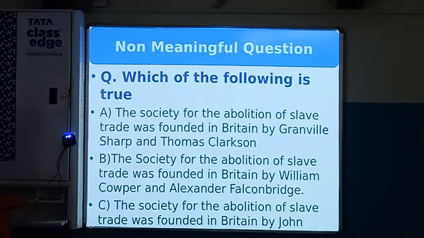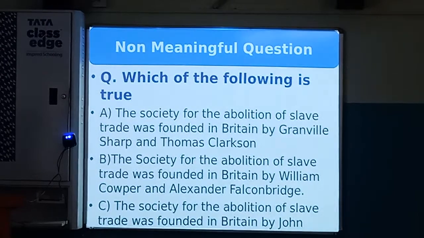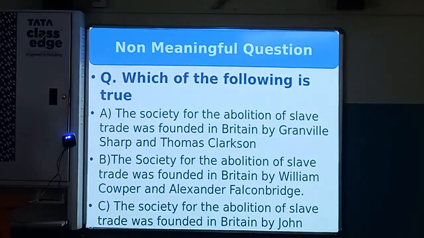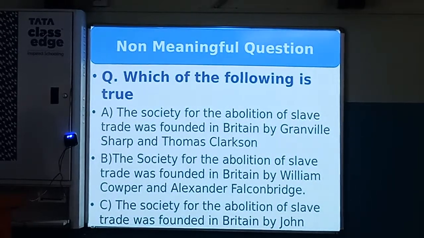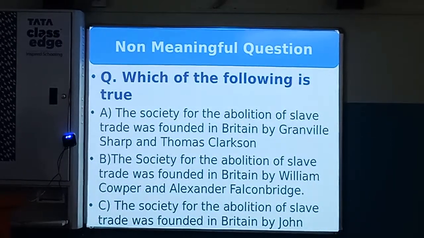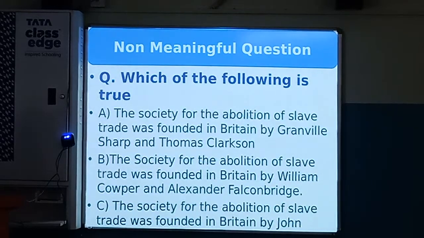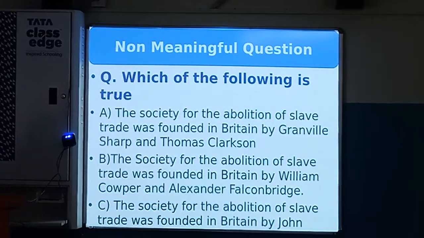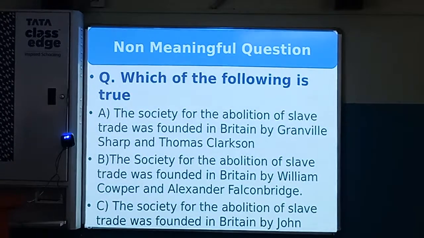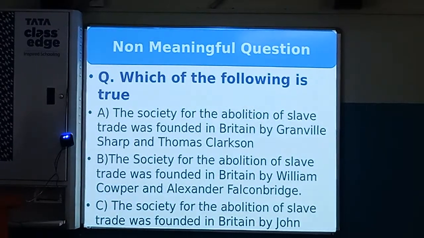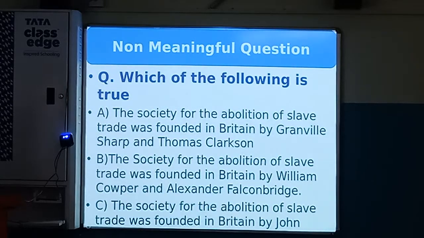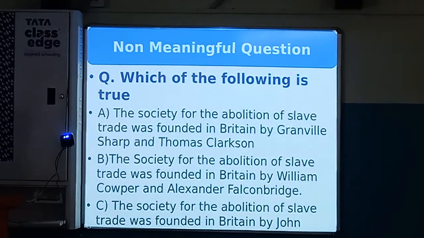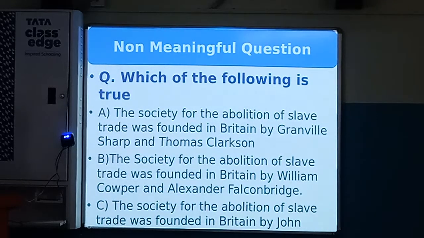Now let us see one more example of an objective type question. This question is absolutely correct, there is no problem with the question, but this is not the correct way of formulating a multiple choice question. Can anybody read this question? Which of the following is true? A. The Society for the Abolition of Slave Trade was founded in Britain by Granville Sharp and Thomas Clarkson.